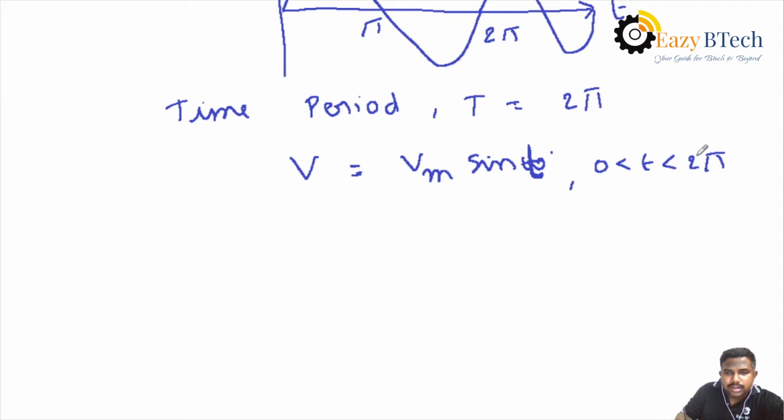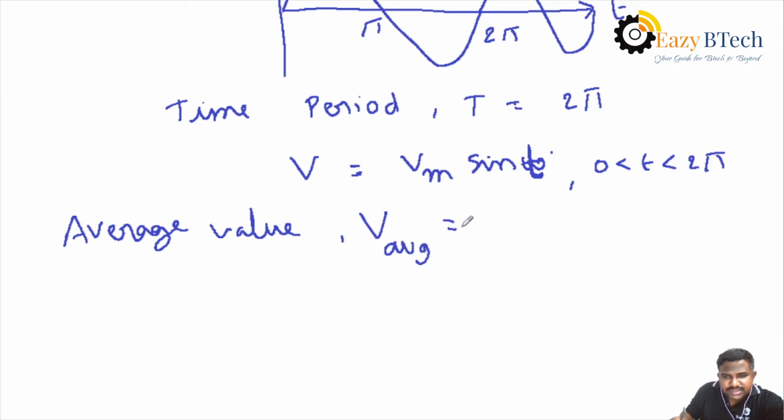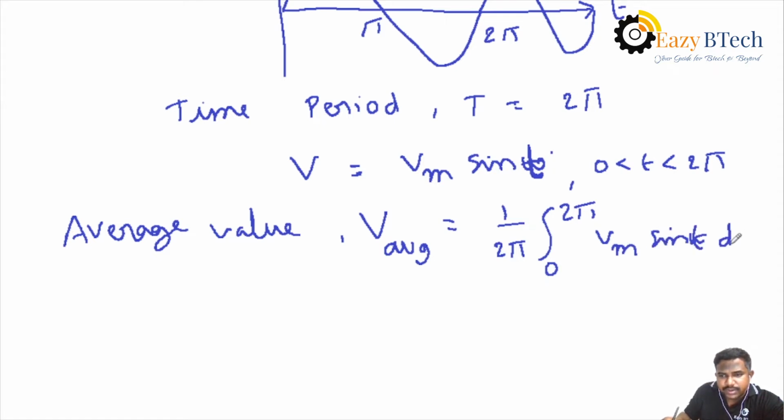Then you have to find the average value for a complete cycle of the periodic waveform. You can denote it with the suffix avg. That is 1/T, that is 1/2 pi, integral 0 to 2 pi, Vm sin t dt.